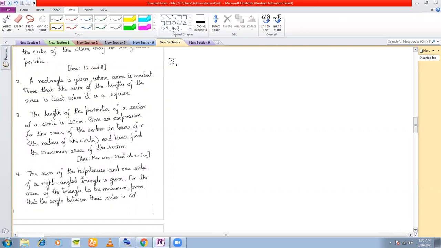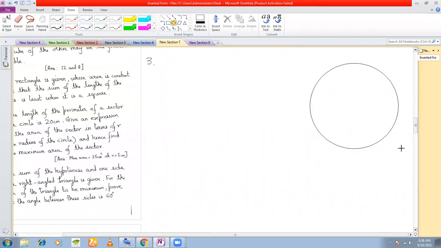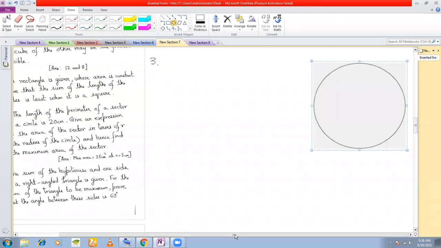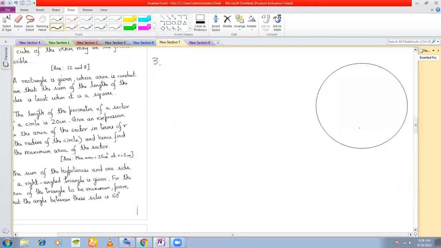Now if I draw a circle, here we are talking about only the sector of the circle. If we take the center of the circle here, this becomes the sector of your circle.